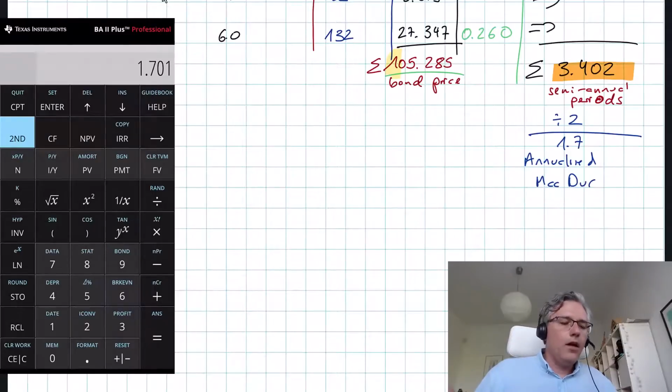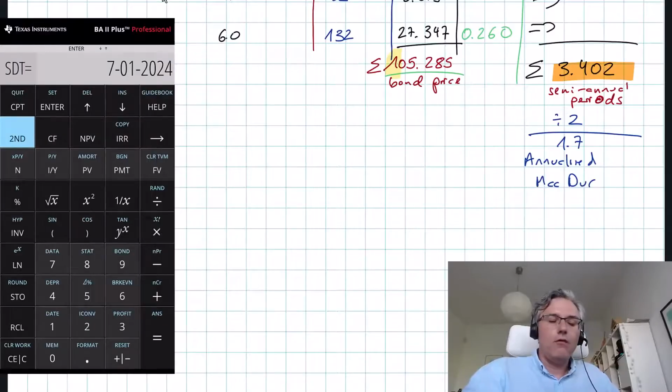Okay. Now, let's see whether we can get the same result on the calculator. Let's have a go. I'm going to once again enter the bond worksheet, where I've got my previous data: the settlement date, the coupon being 64, the redemption date being 3 years later, the redemption value, and the actual convention.